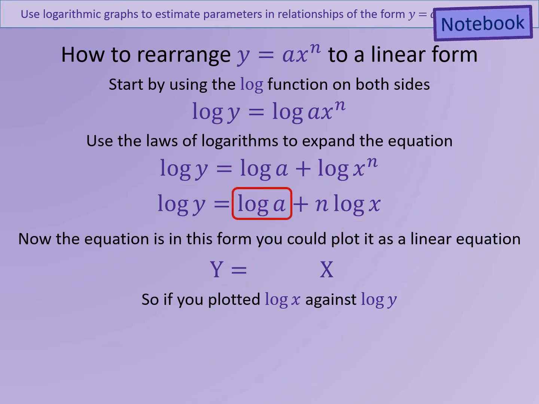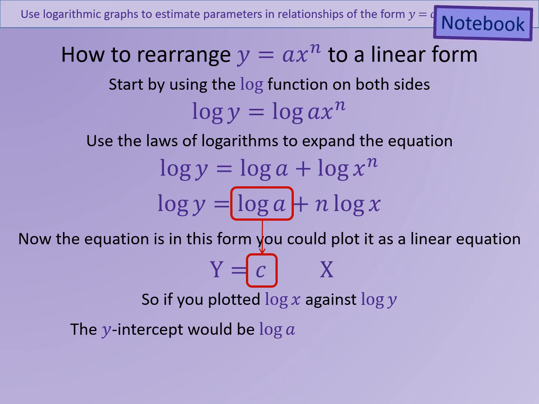And that means that the other two values, the log to base 10 of a would represent my y-intercept, my c value, because that's the value that's on its own.